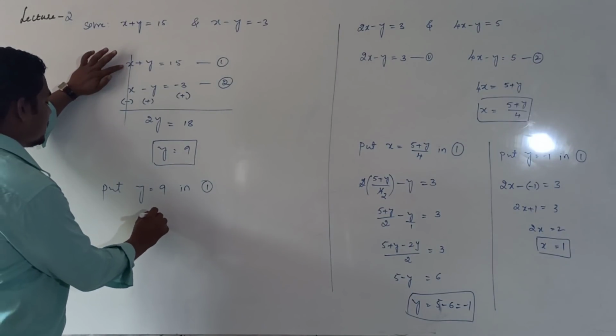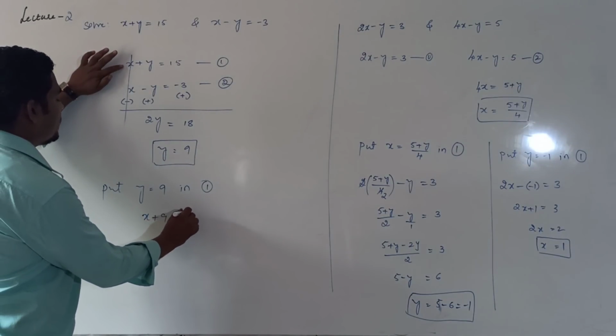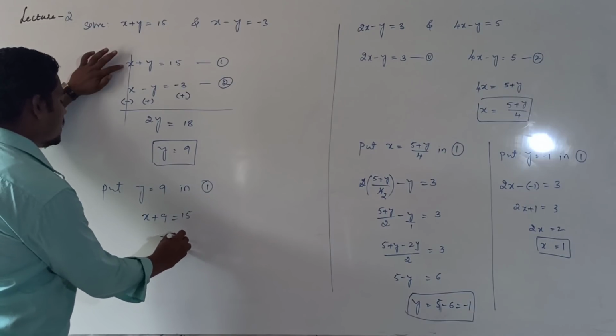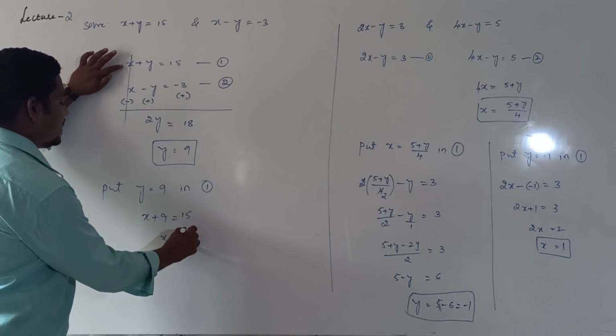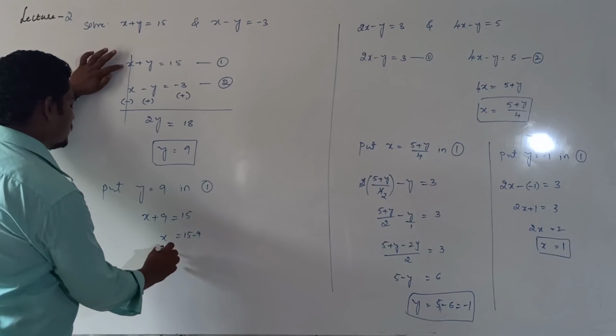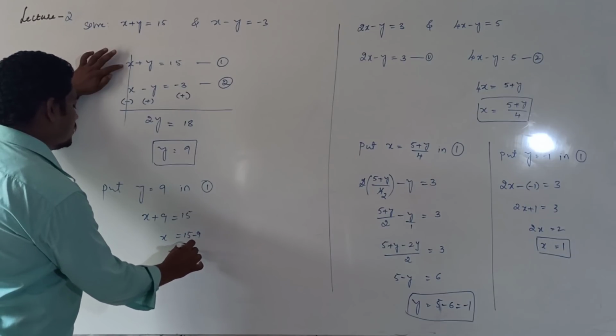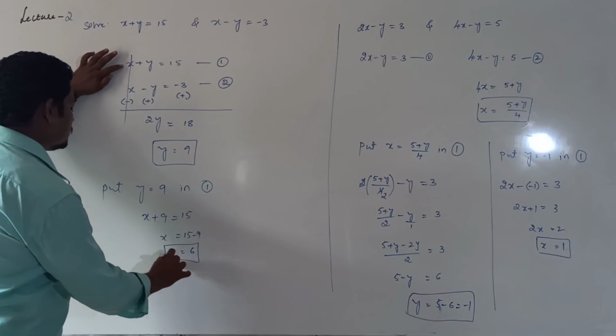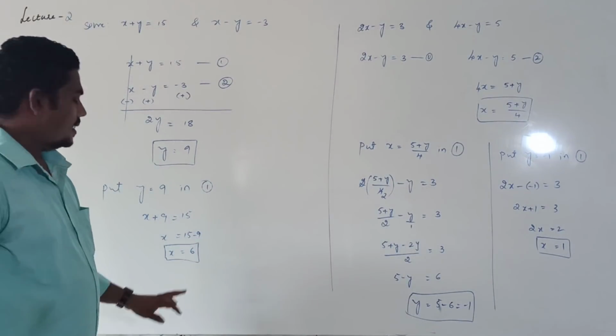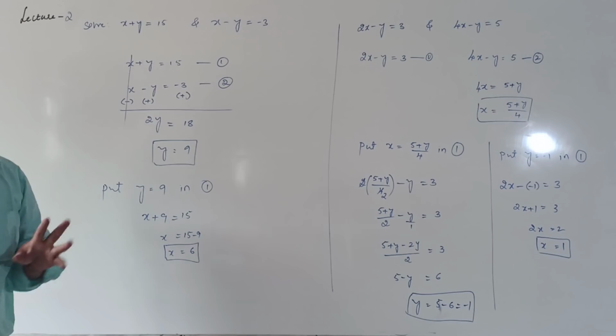Then it becomes x plus 9 equal to 15. x equal to 15 minus 9, and x equal to 6. Now we get the x value as well as the y value.